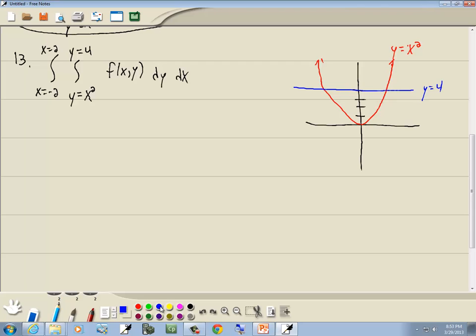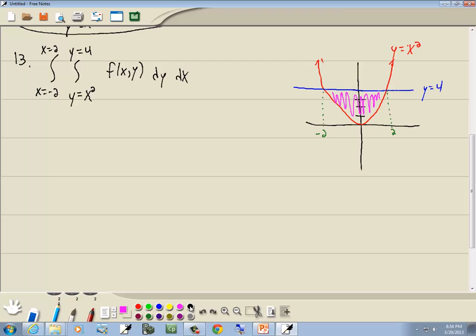And as bizarre as it seems, x equals -2 and x is equal to +2 is going to occur. I drew it really poorly again. But this is our -2, and this is our +2. And then our region we're dealing with is that right there. So from -2 to +2, and then this is the lower, and then this is upper. So that's based upon what we got written here.